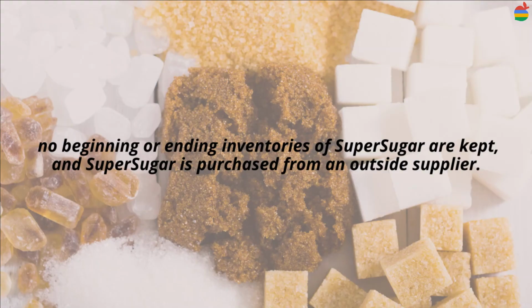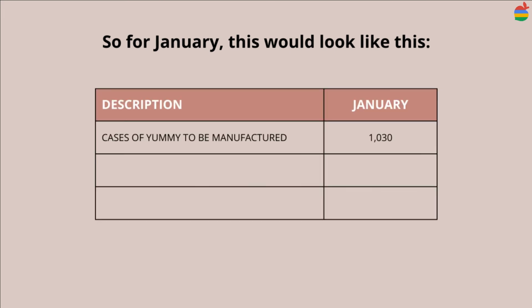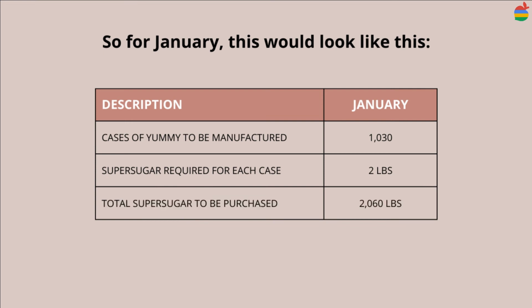No beginning or ending inventory of sugar is kept, and sugar is purchased from outside suppliers. So for January, cases of Yummy to be manufactured is 1,030, sugar required for each case is 2 pounds, and total sugar to be purchased is 2,060 pounds.